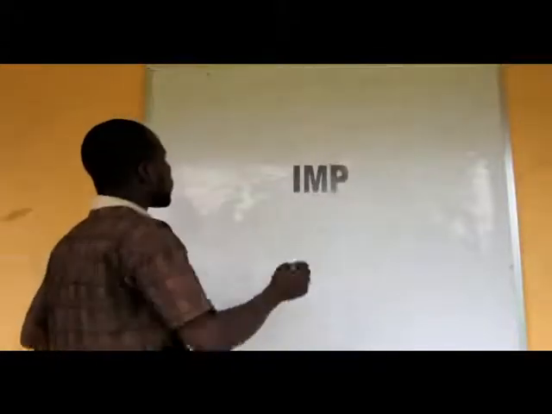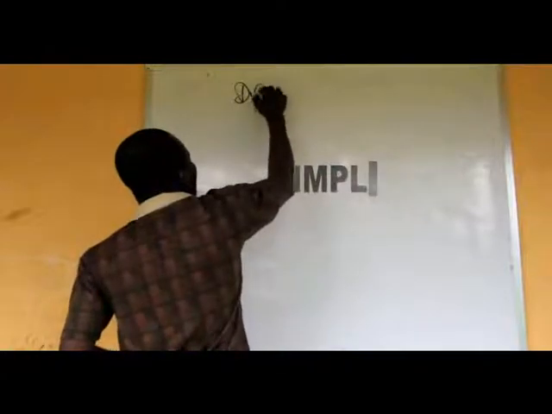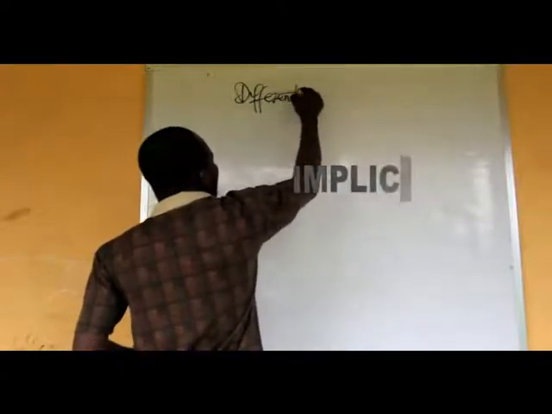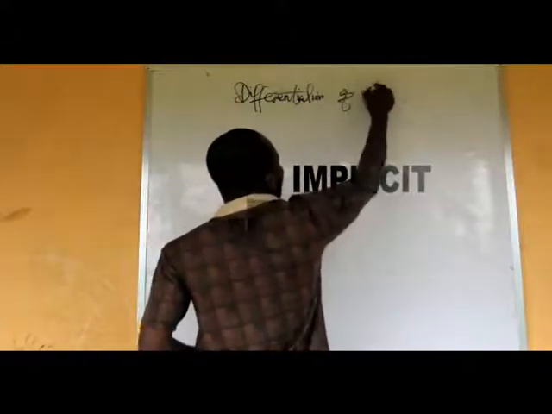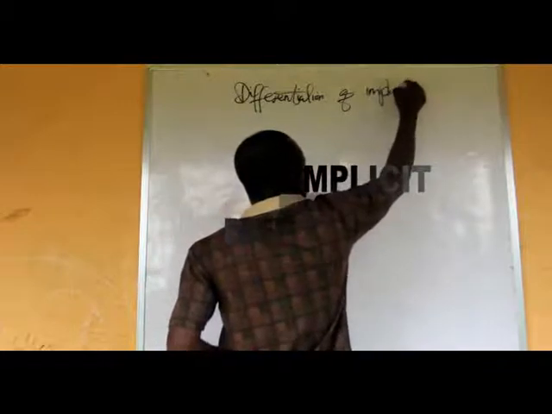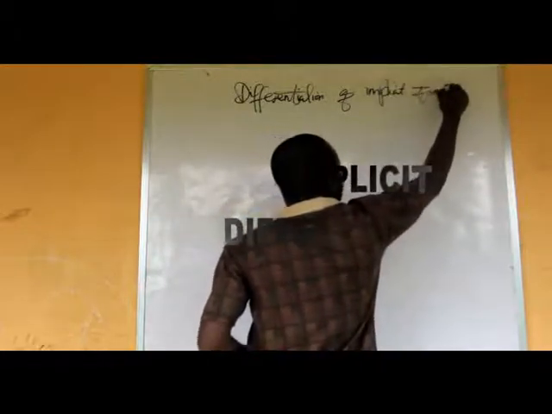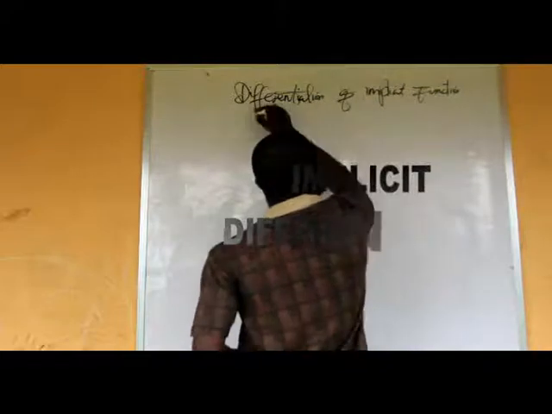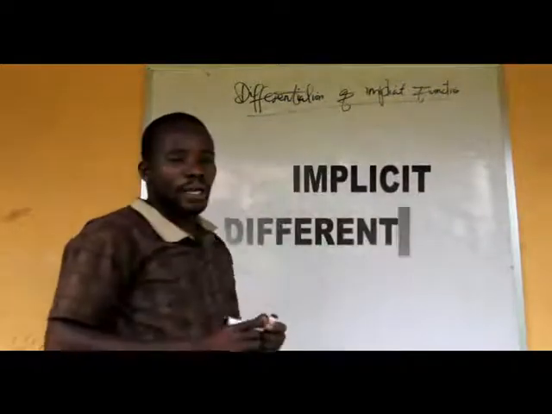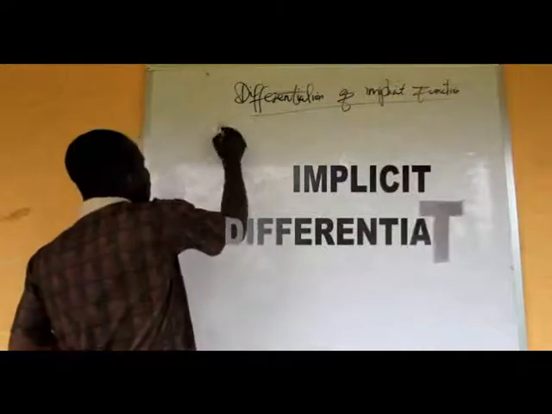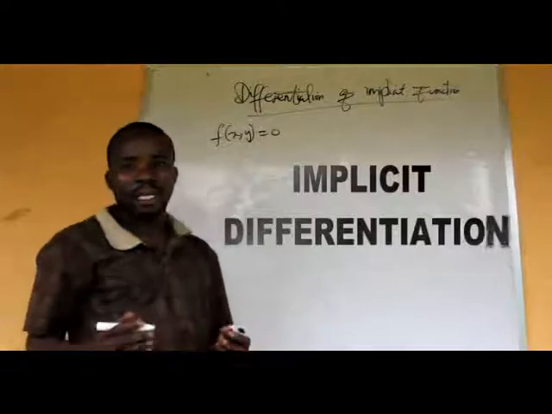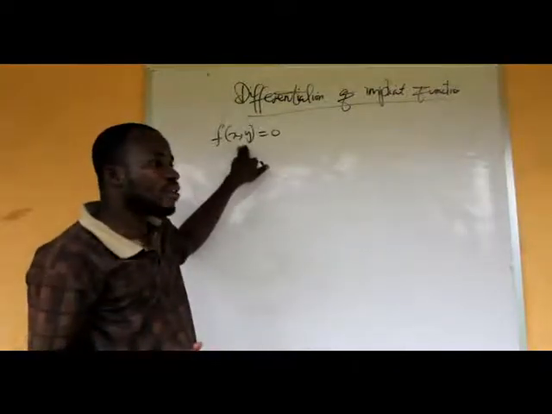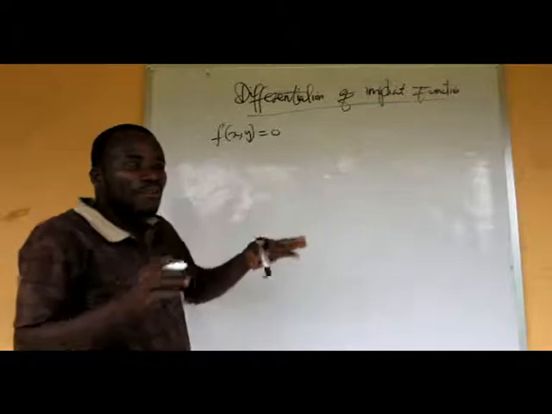We want to look at the differentiation of implicit function. First of all, a function of the form f of x comma y equals 0 is said to be an implicit function if one of these alphabets is a function of another.